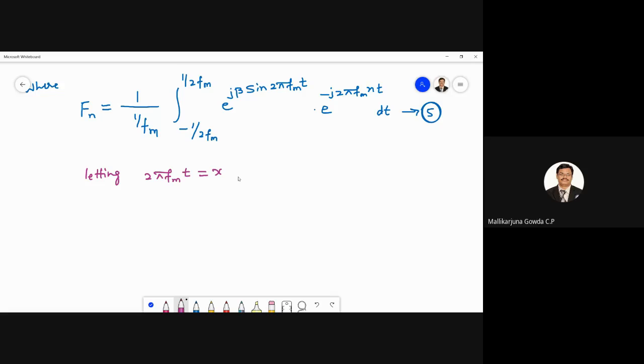By letting 2 pi fm t equal to x, this is equal to what?